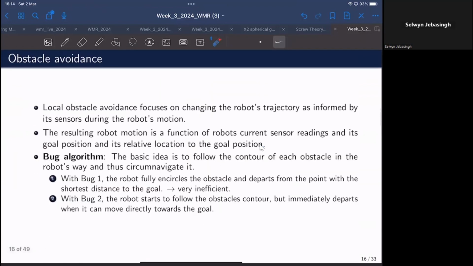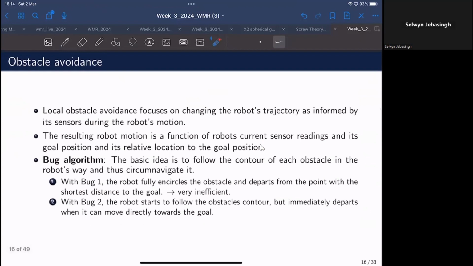Okay, so the next topic that we have discussed, towards the end of week one lectures, is obstacle avoidance. Under navigation, there were two main objectives. One was path planning, which we have covered so far.